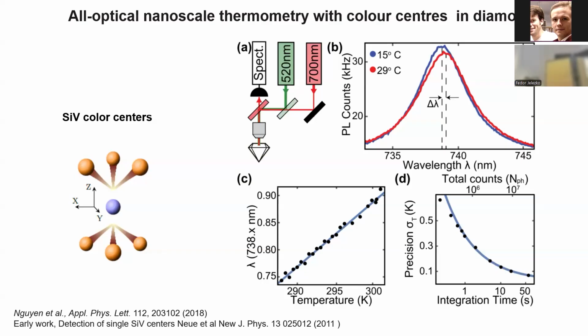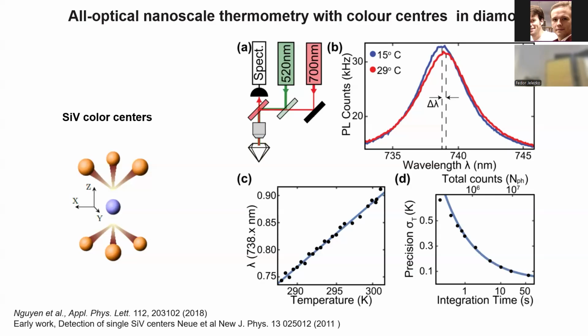So you can see the difference in optical emission recorded for 15 and 30 degrees. So it's not a very large shift, but can be detected. But for measuring this, you don't need any microwave, so it's very simple. You can just track the fluorescence spectrum, and with this you can also reconstruct the temperature.